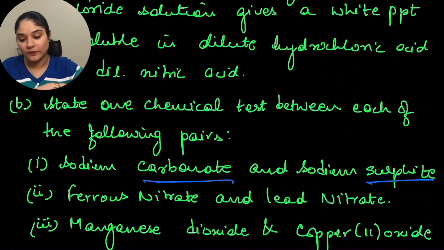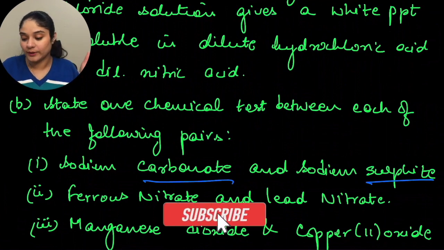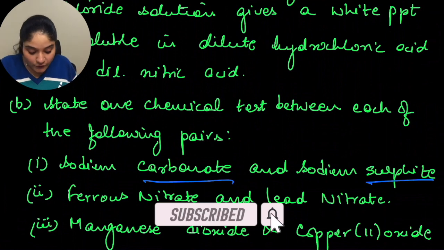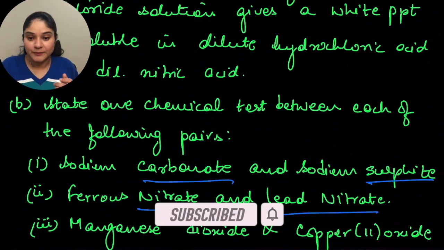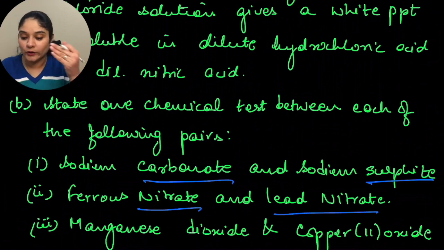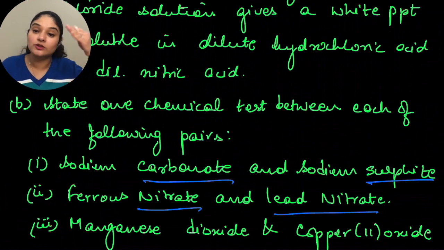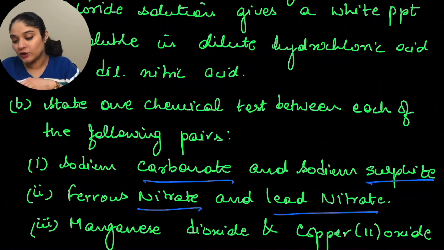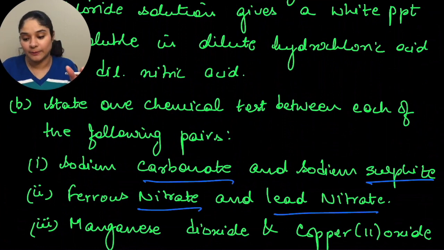For sodium sulfite, you get SO2 gas. Then next is ferrous nitrate and lead nitrate. Again, take reference from the same chart. In this case, you can add sodium hydroxide to both the compounds. Ferrous nitrate will give you a dirty green precipitate, which is insoluble in excess, and your lead nitrate will give you a white precipitate, which is soluble in excess.